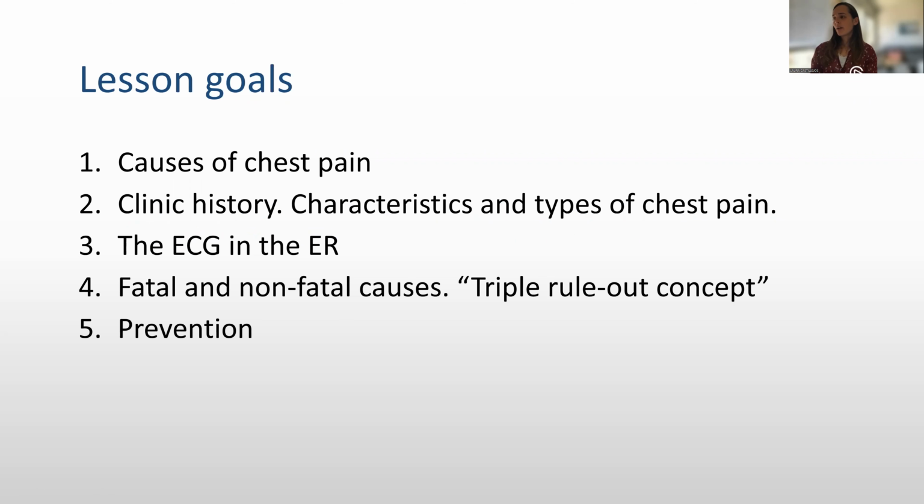We will see which are the causes of chest pain, how to take a clinical history, and also the characteristics and types of chest pain, how we use the electrocardiogram in the emergency departments, also the troponin algorithm, and fatal and non-fatal causes. We will also see what the triple rule-out concept is.